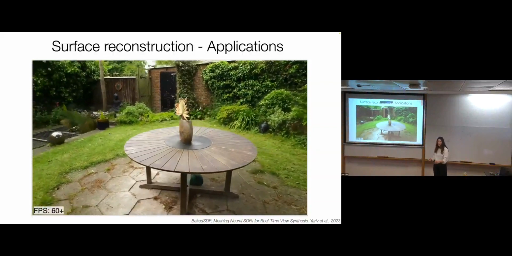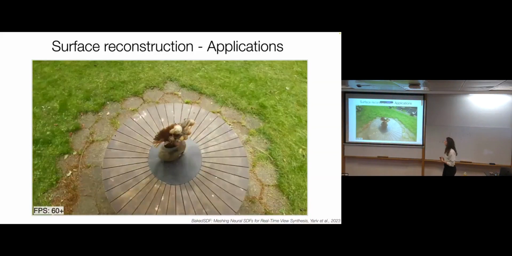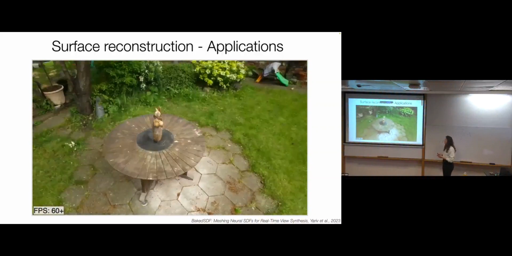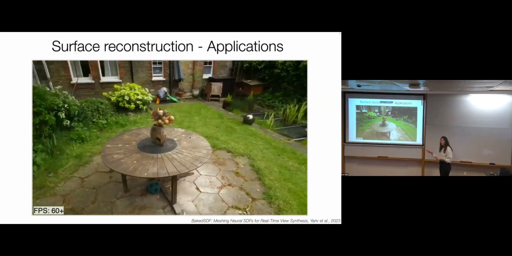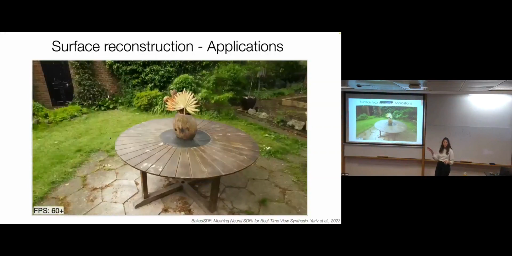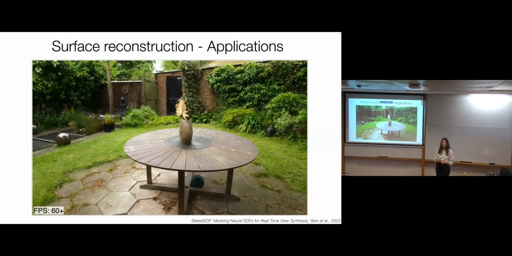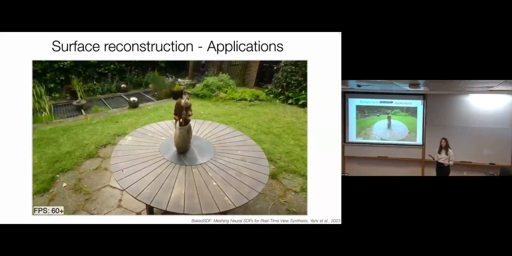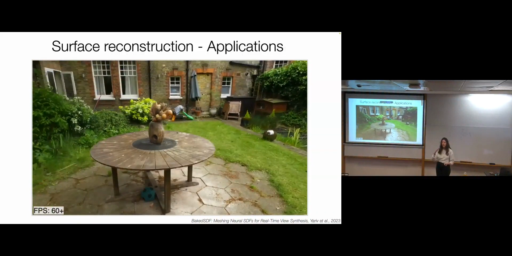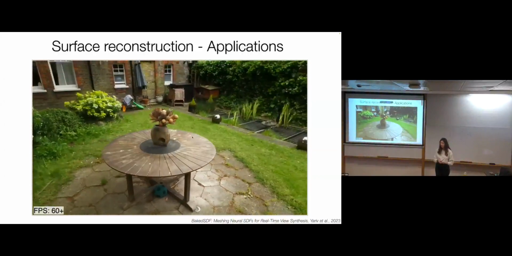Once you have a surface, you can use rasterization, which is much faster, and in that way you can do real-time rendering. It's just like doing novel view synthesis on the computer. You just toggle the scene that you reconstructed, and this is something that is possible only using surface reconstruction. Volume rendering can take, I don't know, a few minutes just to render one single image.